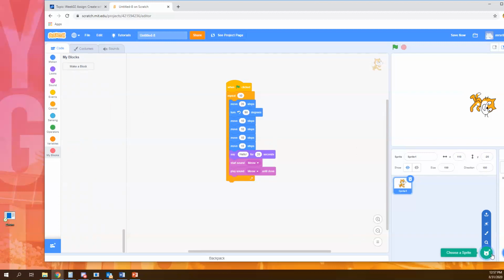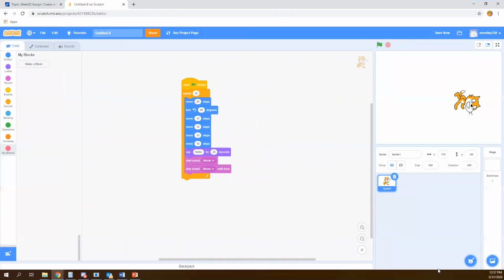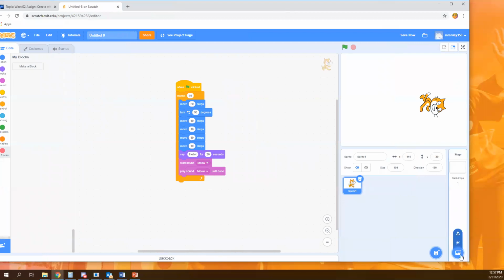All right, I want to change the background. Let me get it in the right spot where I can see it all. There it is. Since I kind of cut off a little bit over here, what we're looking for is over here on the very edge, there's the backdrop, the stage.